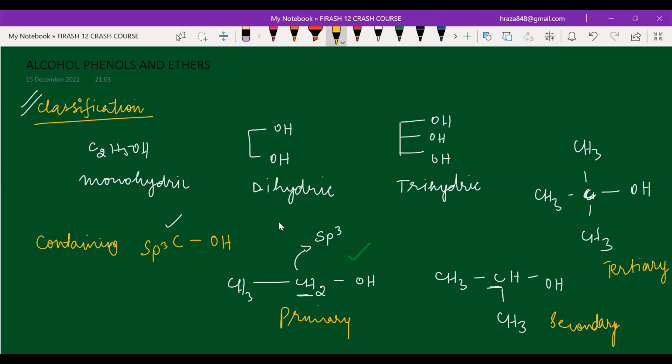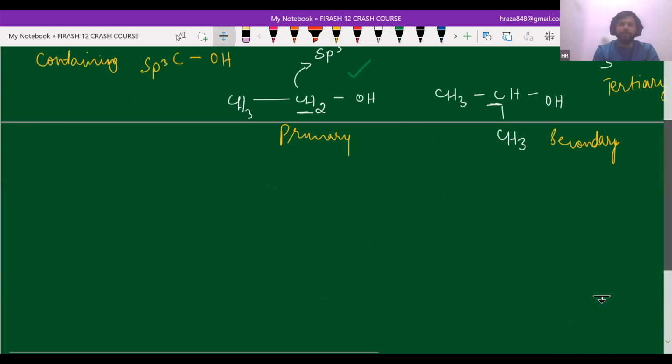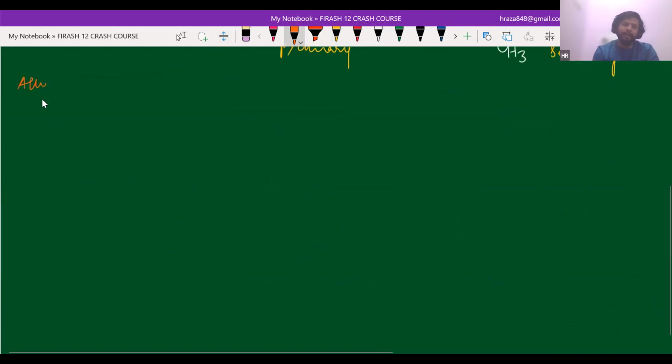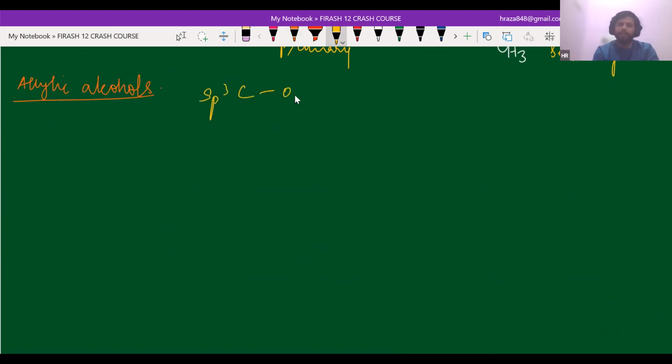Now again we are going to do, do you know what is allylic alcohols? Since it also comes under sp3 hybridized carbon OH bond, sp3 COH. What allylic is, we also studied in the previous class.